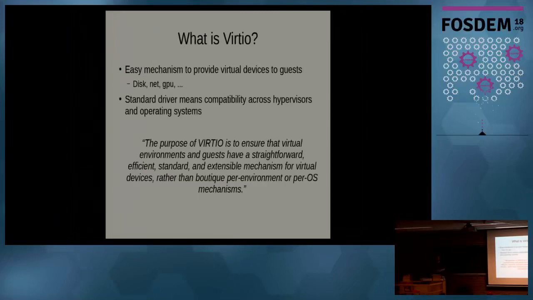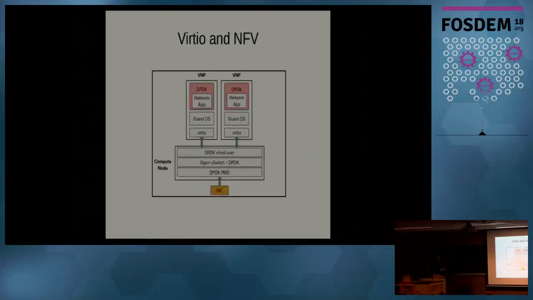To put this into context to NFV, where in a possible NFV setup is Virtio used? I just picked a random example. Let's say you're using a DPDK-based application in your VM. Then you have a Virtio front end in the guest, and a Virtio backend in the host.